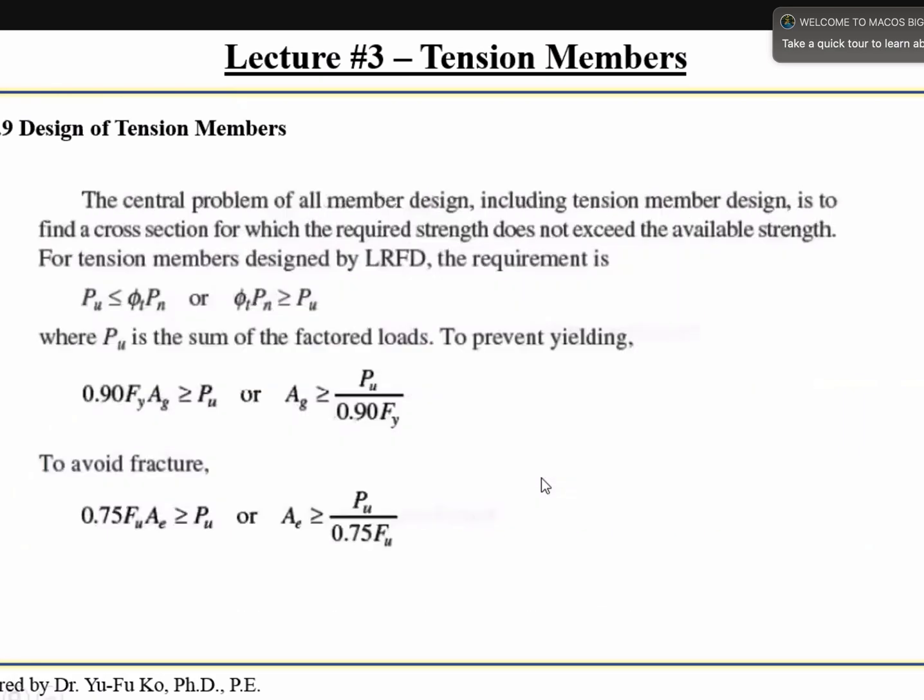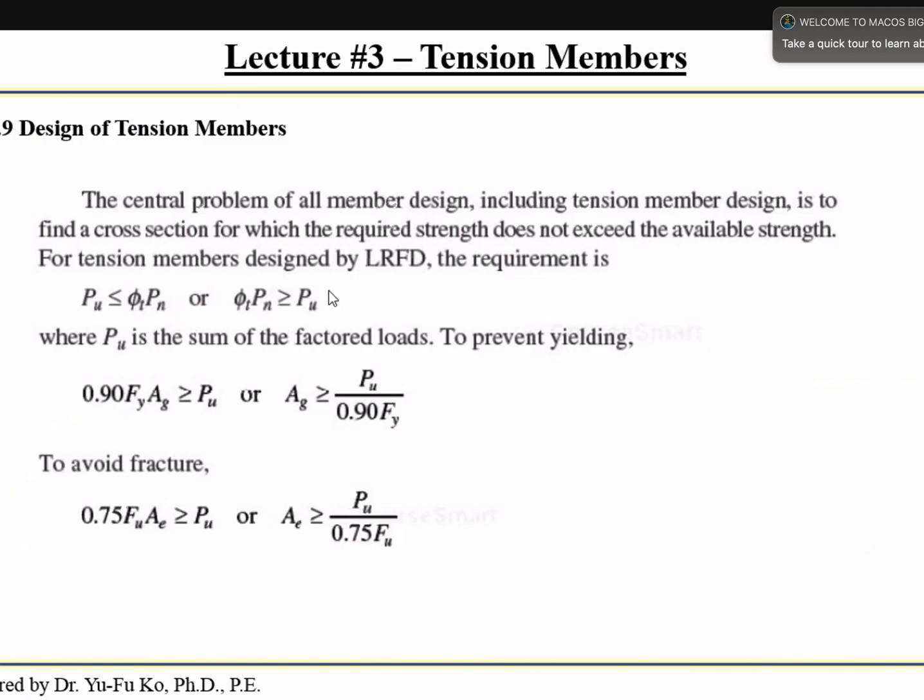With that being said, the central problem of all member design, including tension member design, is to find cross sections for which the required strength doesn't exceed the available strength, meaning the demand cannot be bigger than the capacity.